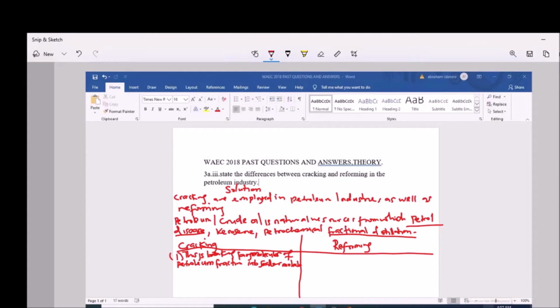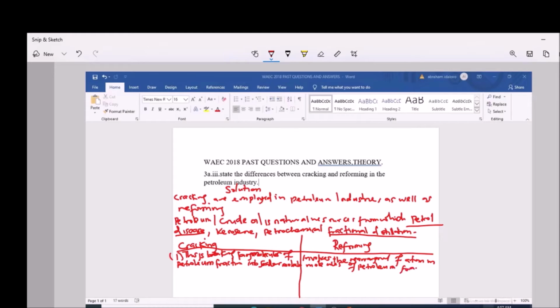But reforming involves the rearrangement of the atoms in molecules of petroleum fraction.